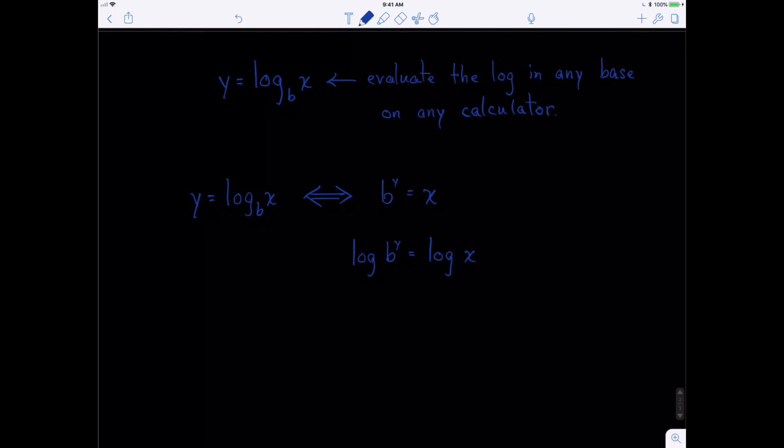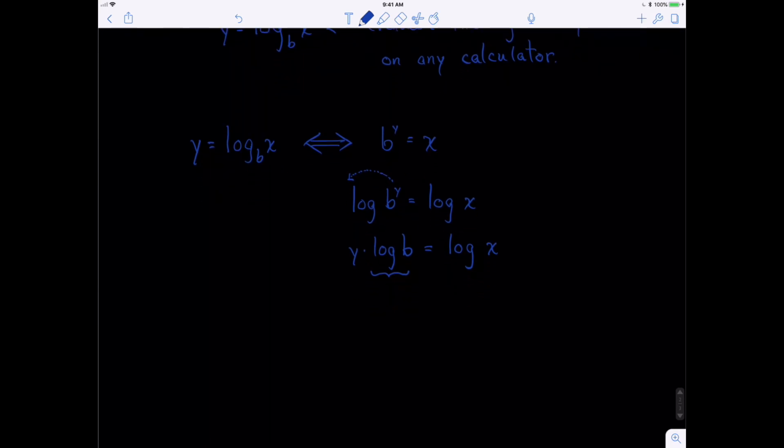Now, using the property that we just learned in the last lesson, we can take this y and put it out in front, and we can write this as y times the log of b. This equals the log of x. And now the log of b, we don't know what it is, but it's just a number. Just like if I had y times 3, I would divide both sides by 3 to find what y is.